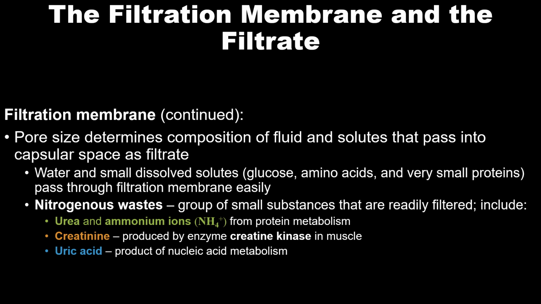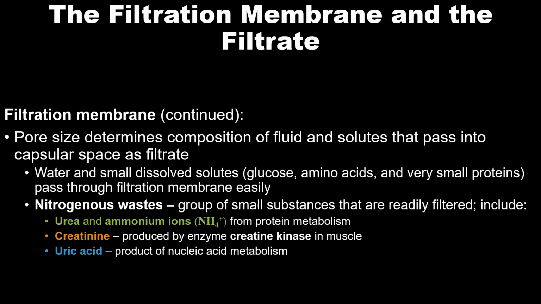And this is going to really allow glucose, electrolytes, very small proteins, and naked amino acids to leave the blood and enter the capsular space, but it prevents things like red blood cells, platelets, or any really formed cells, as well as large proteins. It keeps all of those things inside the bloodstream.